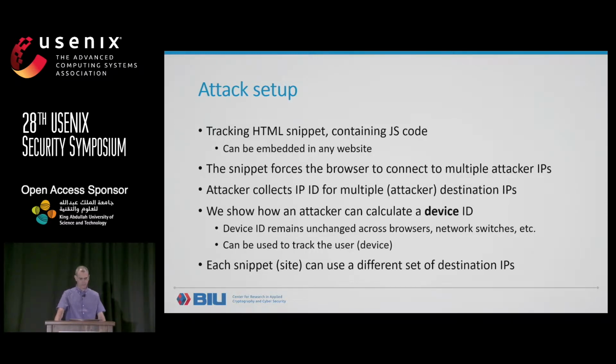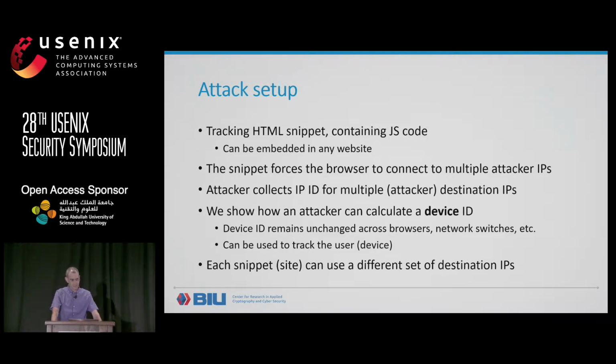The general setup of our attack is that the attacker generates a tracking HTML snippet that contains some JavaScript code, and this snippet can be embedded in practically any site, hence cross-site tracking. This snippet will calculate this device ID. The snippet works by forcing the browser to connect to multiple attacker-controlled IP addresses.